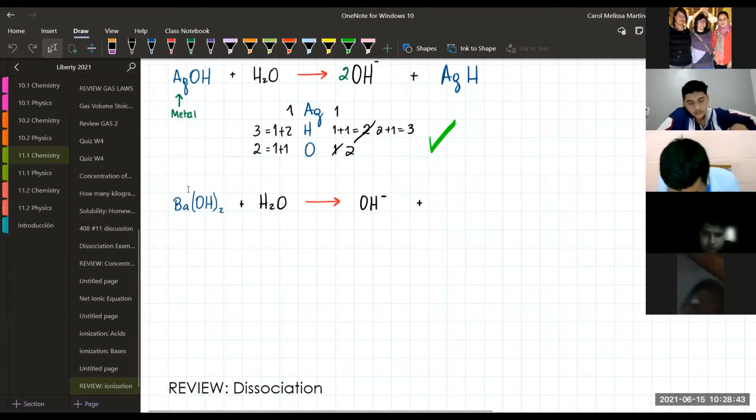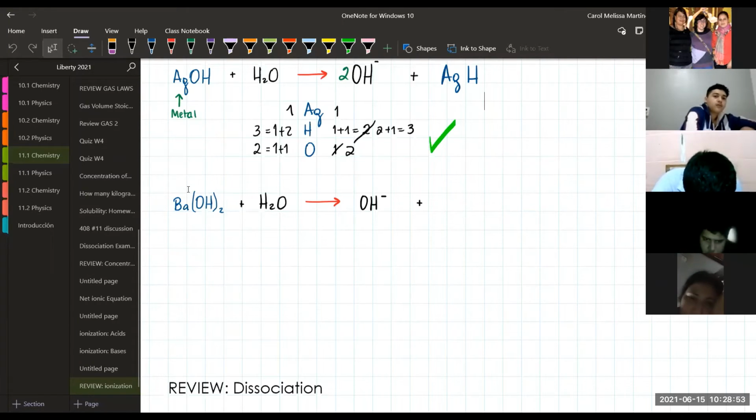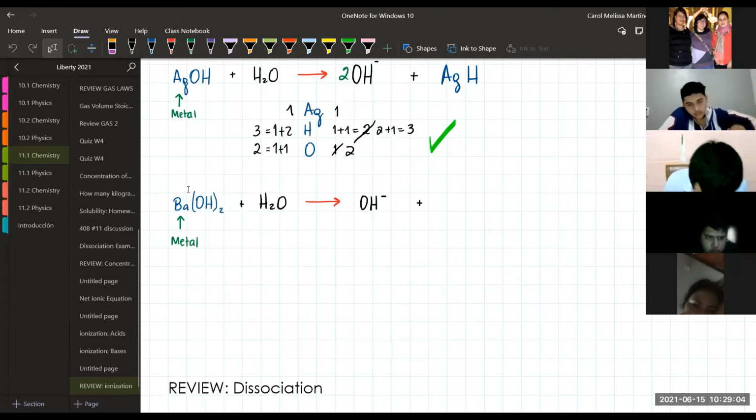Metal hydride. What is the metal in this exercise? Barium. Barium is the metal, okay? So the other compound is going to be made of barium. Barium has a charge of 2 plus, as you can see in the periodic table.